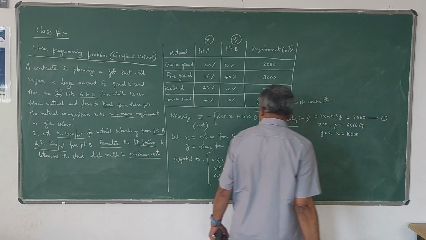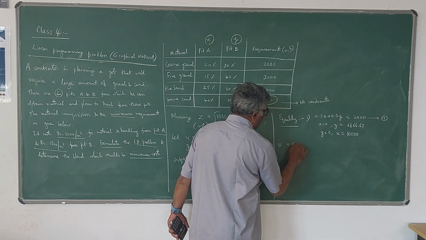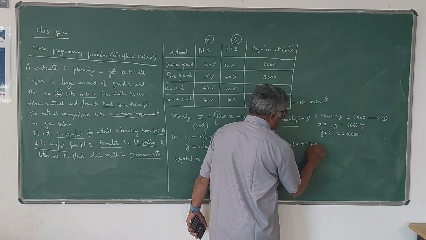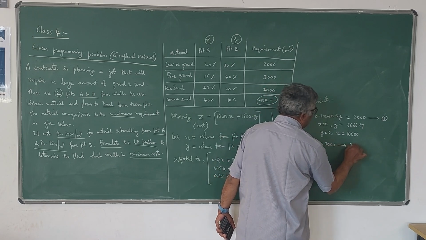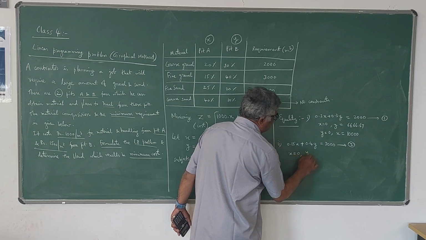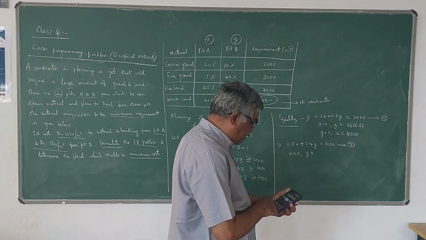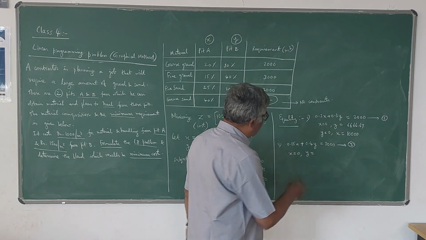Similarly, the second straight line is 0.15x plus 0.4y is equal to 3000. Second equation. Here let us put x is equal to 0. Y becomes 3000 divided by 0.4, which is 7500.